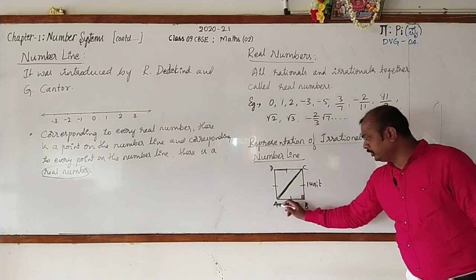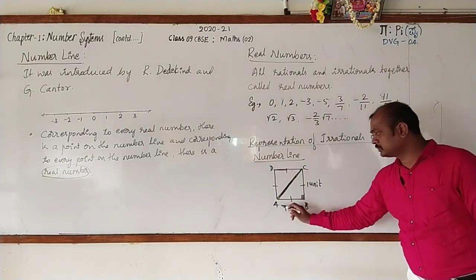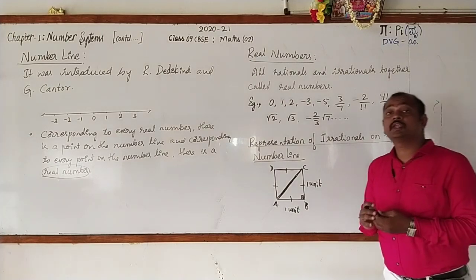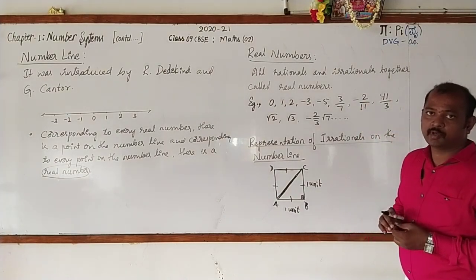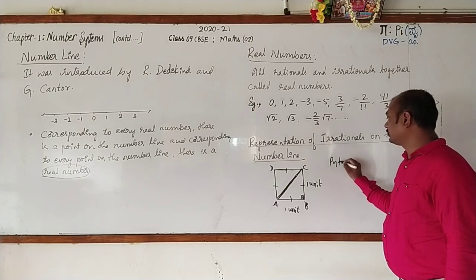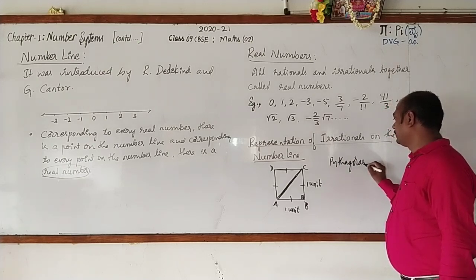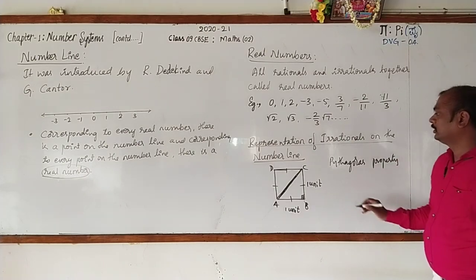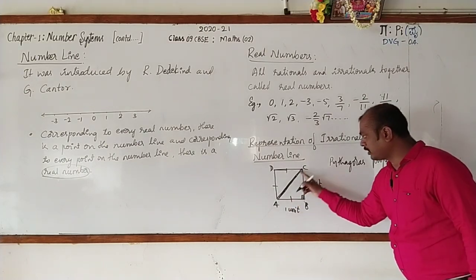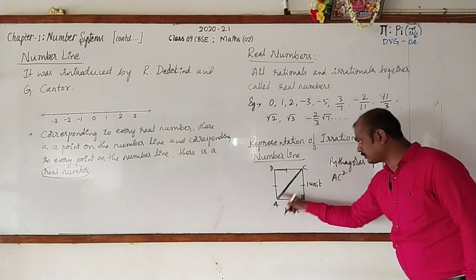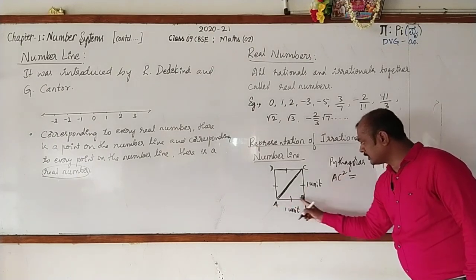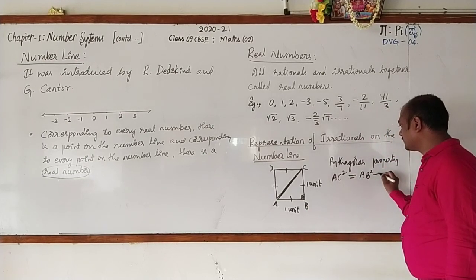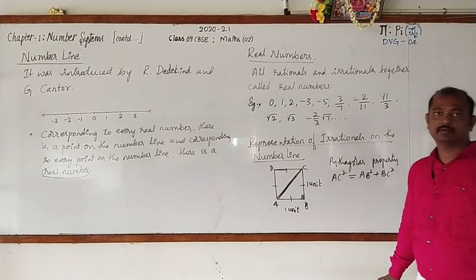Now, when you observe this geometrical figure, ABC is a right triangle. Hence, we can use the Pythagoras property. According to the Pythagoras property, the square on the hypotenuse, that is AC square, is equal to the sum of squares of the other two sides, AB square plus BC square.